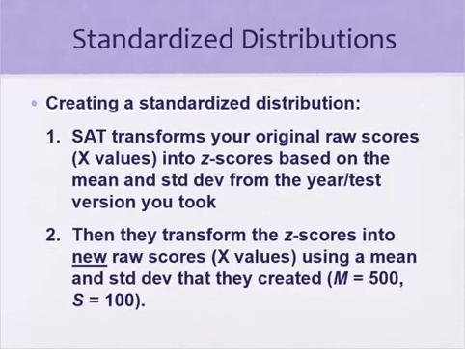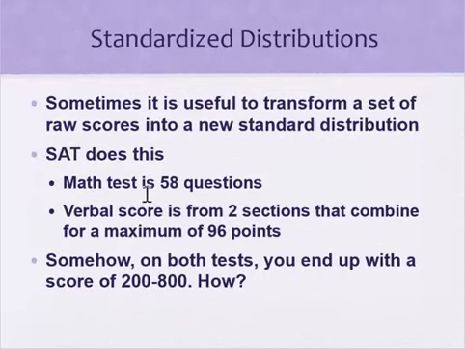So in other words, they find the mean of everybody's math score that year, and they find the mean of everybody's verbal score that year, and they take everybody's individual raw score for the math exam using that mean and standard deviation, and then again, everybody's individual raw score on the verbal test using the mean and standard deviation of the verbal test that year, and they convert every individual score into z-scores.